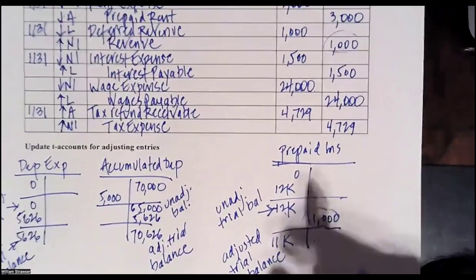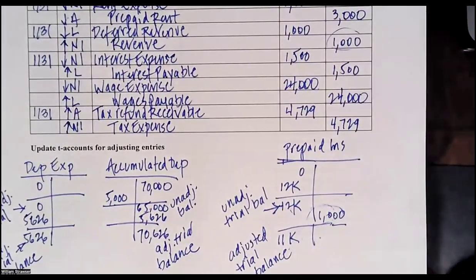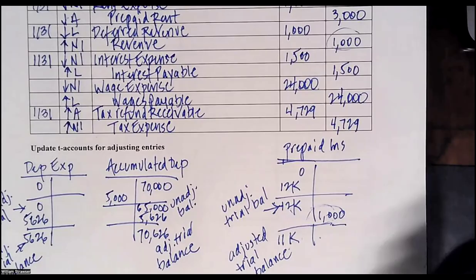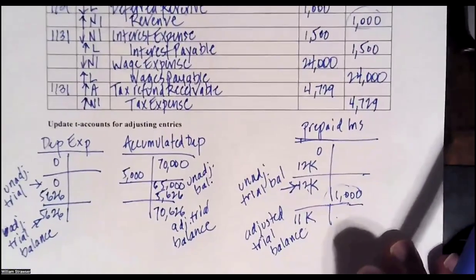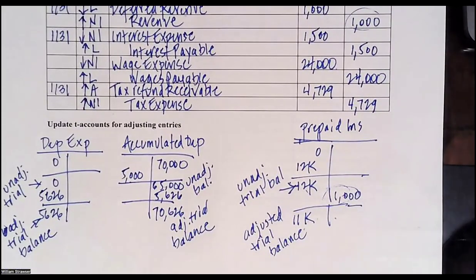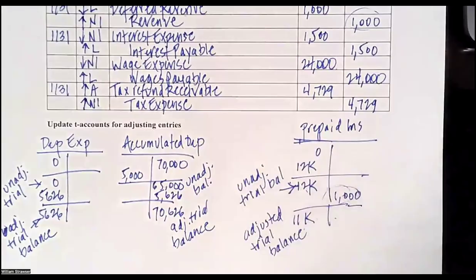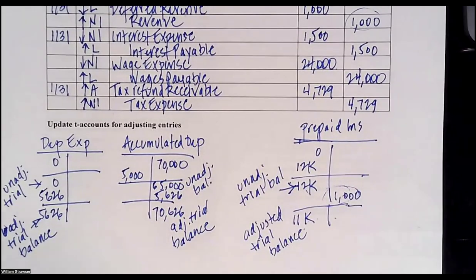We could do this, right? And if we didn't have the answers provided to you by myself, we would have to do this for every T account. Now, I uploaded another Excel spreadsheet that has both the unadjusted and the adjusted balances, and I'm going to share that document with you now on my computer.